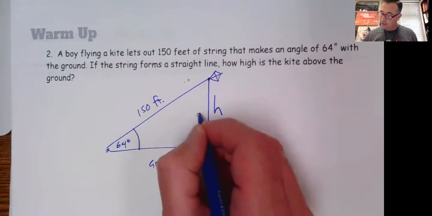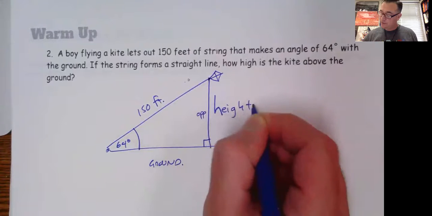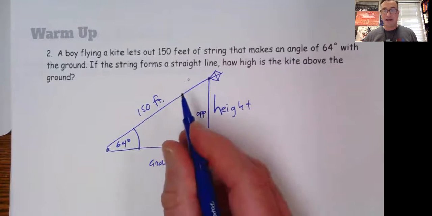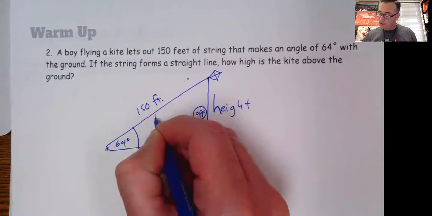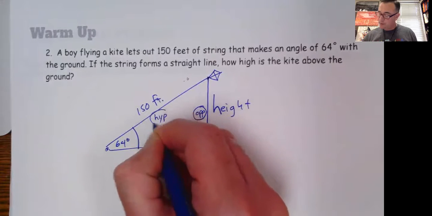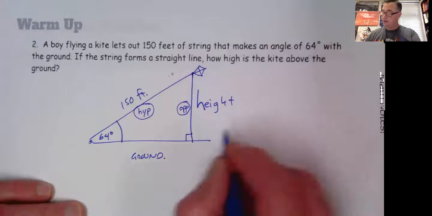So from the 64, now we set up our trig operation. This H is opposite, and I'm going to do this for height because H also stood for hypotenuse. I don't want you to get messed up with that. So this is the opposite side. The 150 is your hypotenuse. If we're dealing with opposite and hypotenuse, we will be talking about the sine.